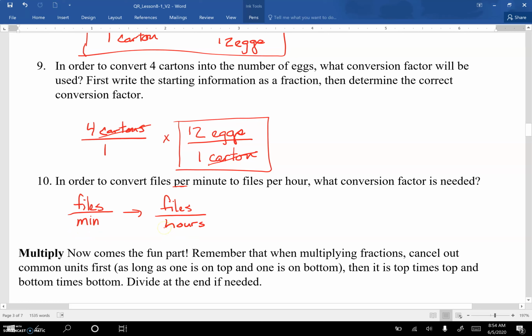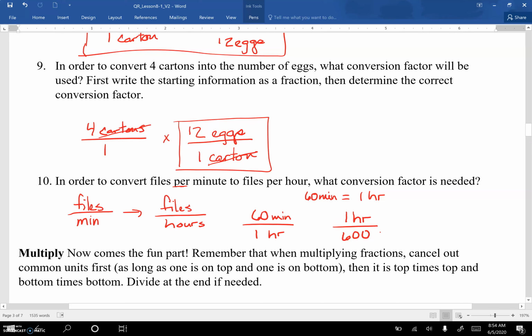So I'm going to need a conversion factor that has to deal with minutes and hours. Well, I know that 60 minutes is the same as 1 hour. So the two conversion factors I could write are 60 minutes over 1 hour and 1 hour over 60 minutes.